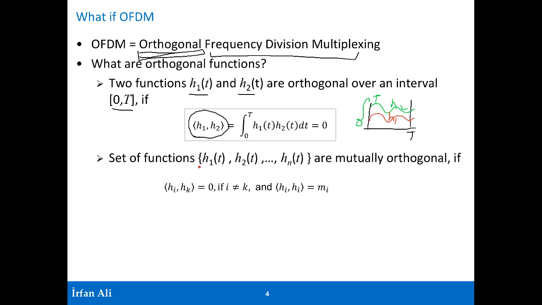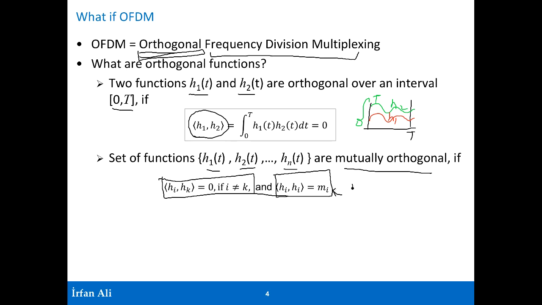If you have a set of these functions, h1, h2, all the way up to hn, and you say that they are mutually orthogonal, you just extend that definition of two functions to a general set of functions, and the inner product is equal to 0 if i is not equal to k. Otherwise, if the function is multiplied by itself, what comes out is what's called the energy in the signal.